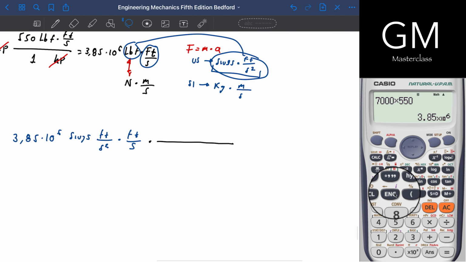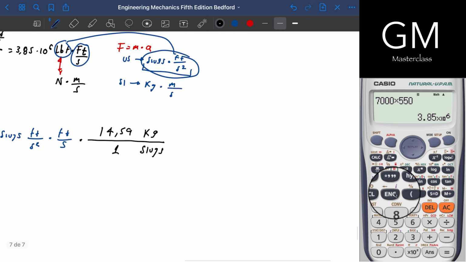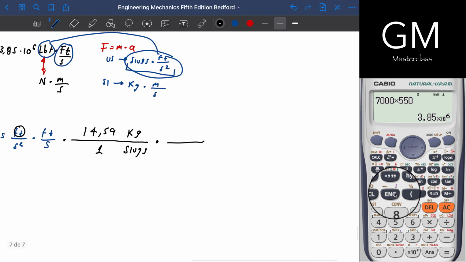So for me to eliminate the slugs, I'm going to divide them and transform those into kilograms. I already know the equivalence between 1 slug and kilograms, which is equal to 14.59 kilograms. Then I'm going to eliminate these feet into meters.